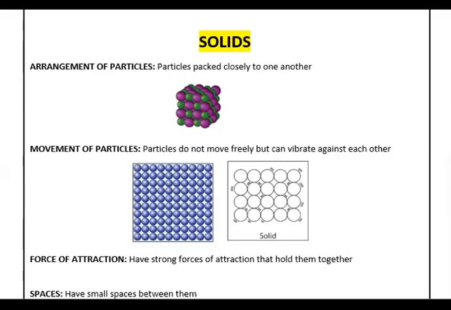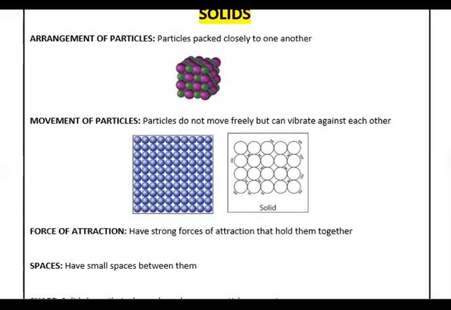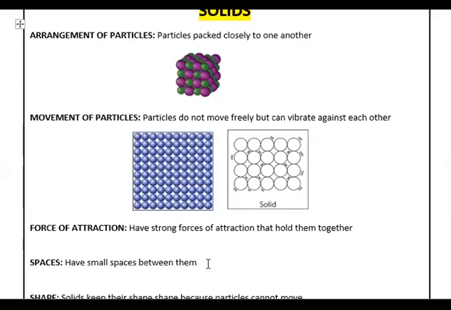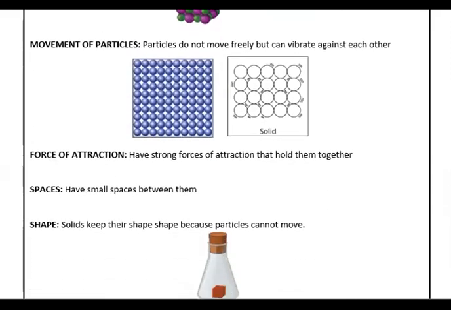The next thing is the force of attraction. Solids have extremely strong forces of attraction that hold them together. Next thing, spaces. Solids have the smallest spaces between them. As we have discussed before, there is a very tiny space between particles.